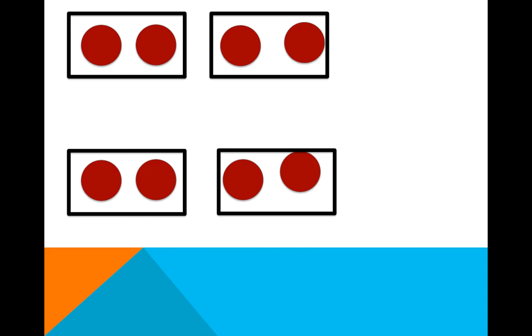Here's 2 plums in a bag. Here's 2 plums in a bag, and here's 2 plums in a bag. So how many bags did we need? We needed 4 bags. That makes sense because 2 times 4 is 8, or 8 divided into 2 groups is 4. Okay?